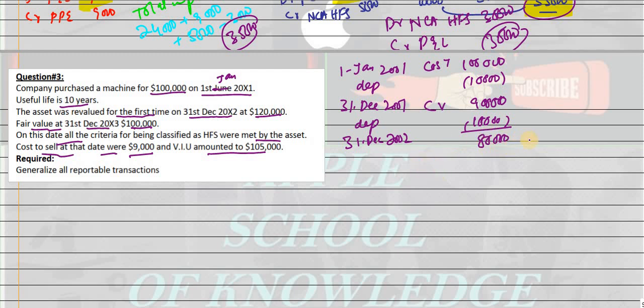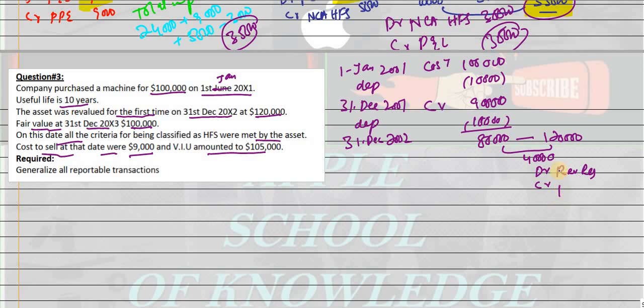Now on this date, the asset is revalued to 120. So it means we have revaluation surplus or revaluation reserve of 40,000. So debit will be revaluation reserve and credit will be property.